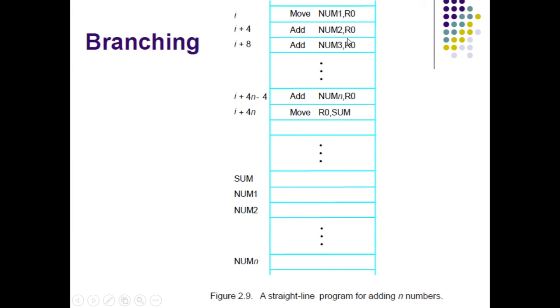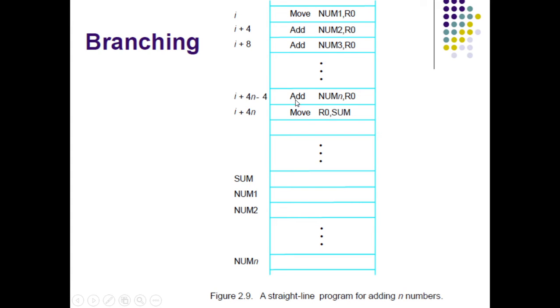After that, perform an addition, num2, R0. So the accumulated result is available here in R0. Then we need to add the value from another memory location labeled as num3, which is added again with our previous sum value, which is available in R0. Repeat the same set of instructions how many times?